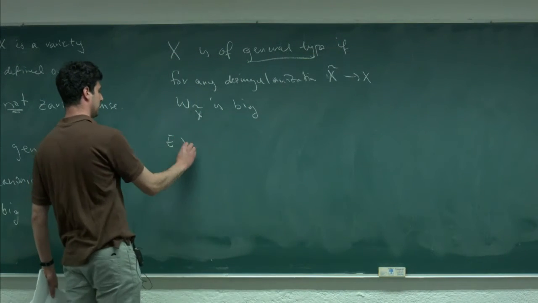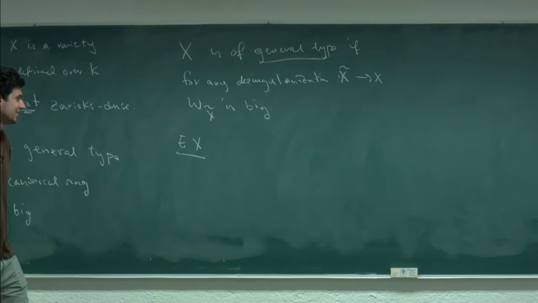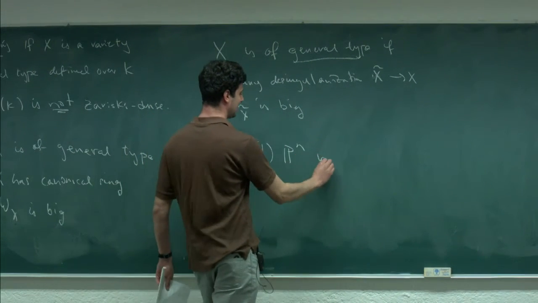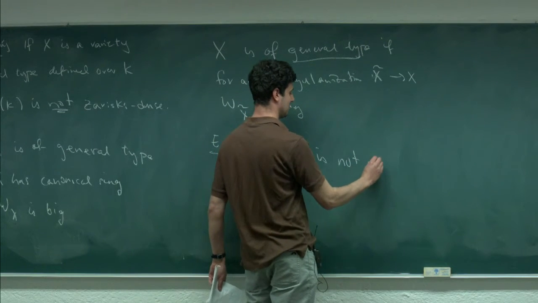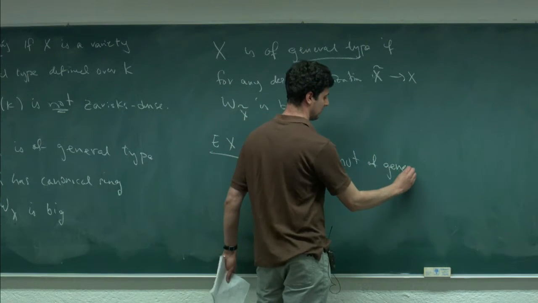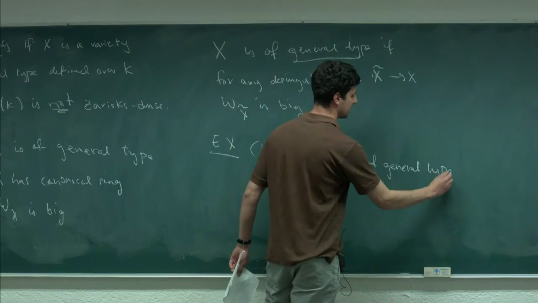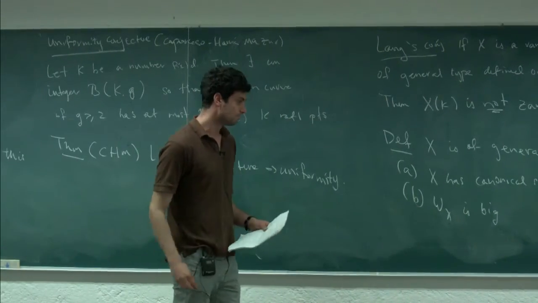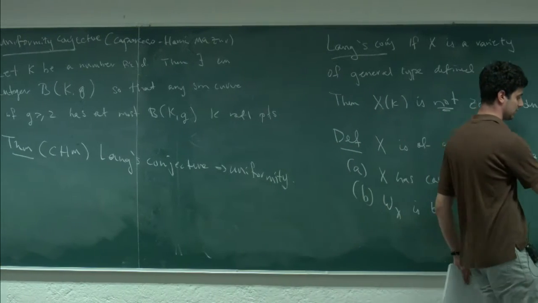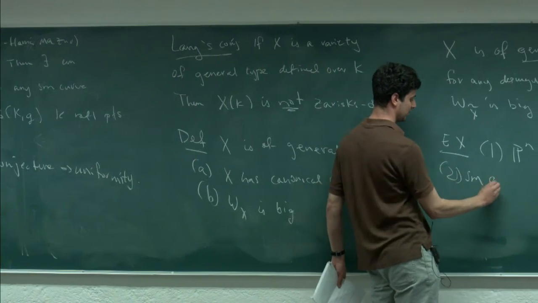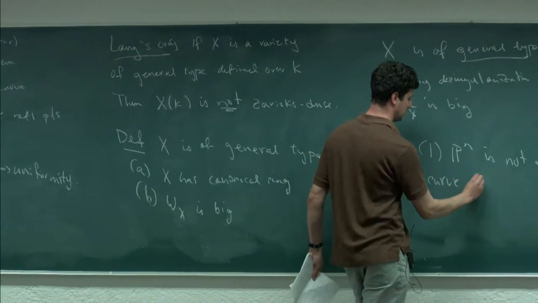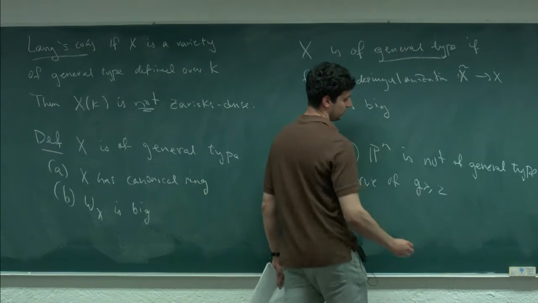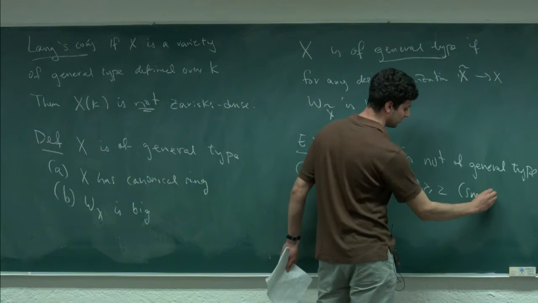Okay, so some examples and non-examples. P^n is not of general type. Right. So things that are rational are not of general type, right? Omega X has no sections. But a smooth curve of genus greater than or equal to 2 is. In particular, a smooth quartic curve.